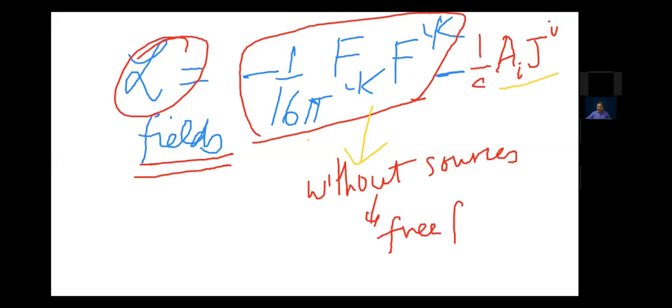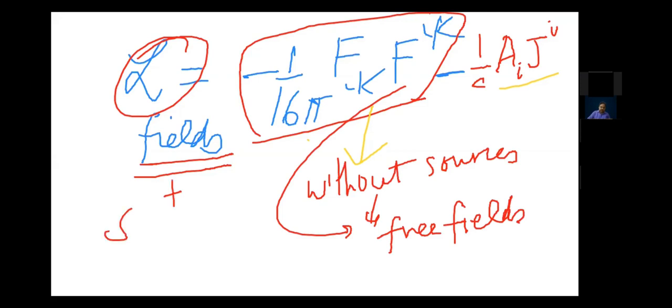So if I ask you what is the Lagrangian of the free fields, you will tell me only this term. If I ask you what is the Lagrangian of the fields plus sources, you will tell me this entire thing.